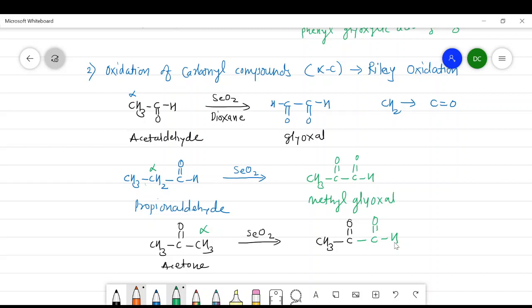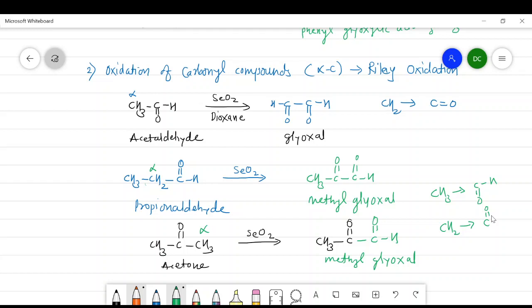So once again we get methyl glyoxal. So we get a conversion of a CH3 group into a C double bond O H. That is, a CH3 group is converted into CHO, and if there is a CH2 it is going to convert into C double bond O. In this way, oxidation of carbonyl compounds. These are the simple examples of aldehydes and ketones.